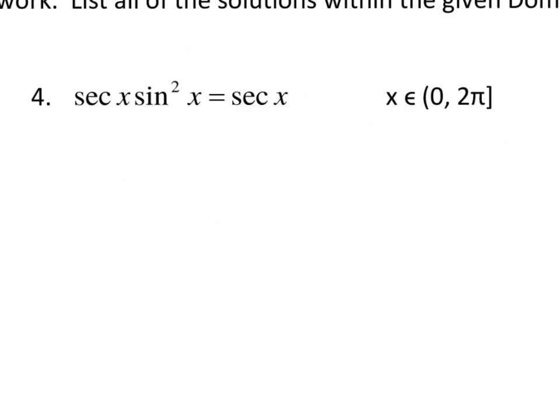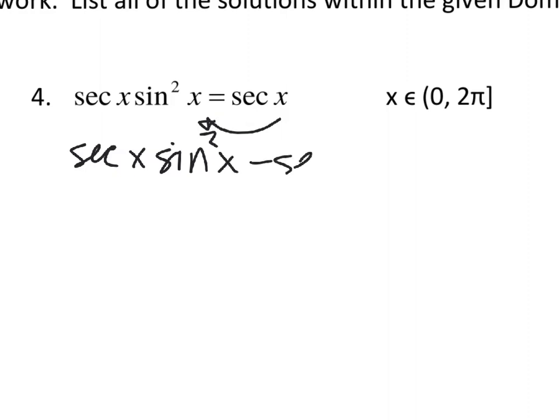Okay, this problem we have a secant times sine squared equals secant. So what we're going to do is subtract the secant onto one side, so all of our trigs are together. So secant sine squared minus secant equals 0.